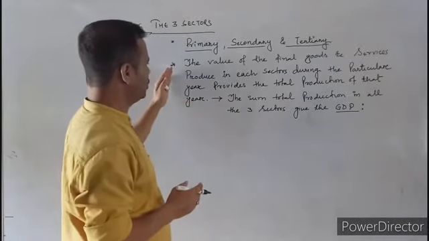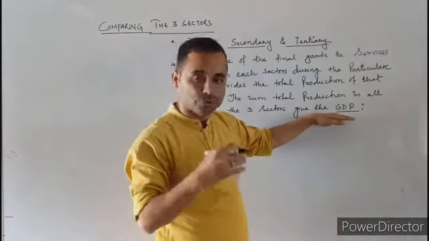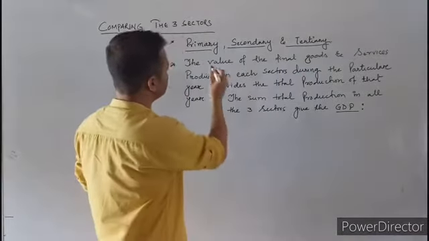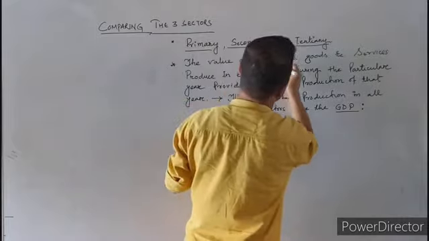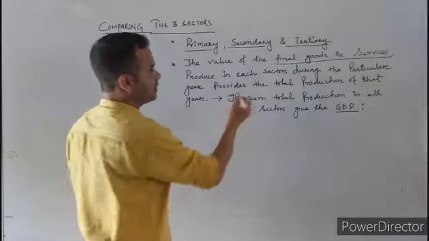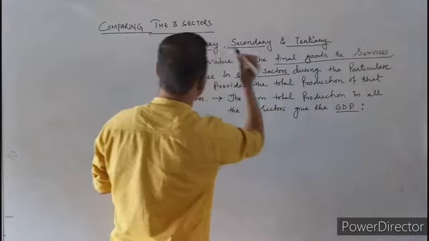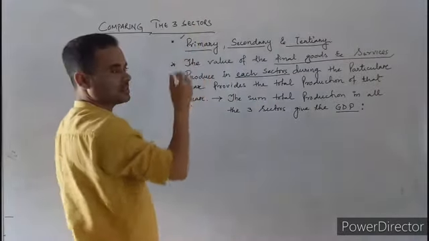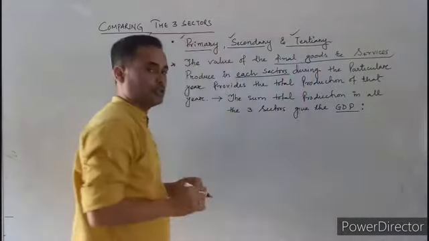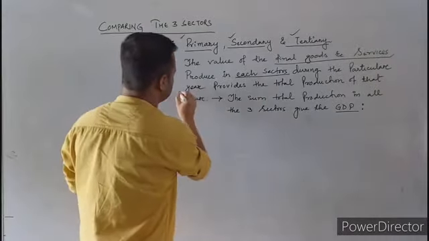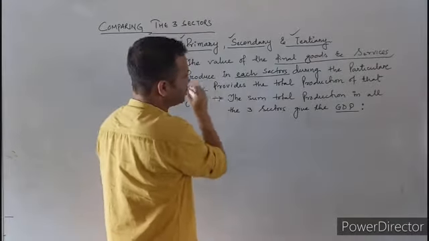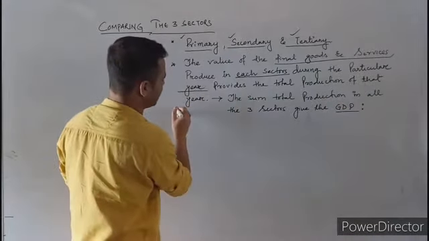It is said that to know the GDP of any nation, the most important thing is to know the value of the final goods and services produced in each sector. When we talk about each sector, it means the goods and services produced in the primary sector, secondary sector and tertiary sector during a particular year, and that provides the total production of the year.